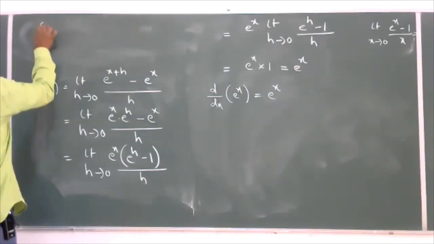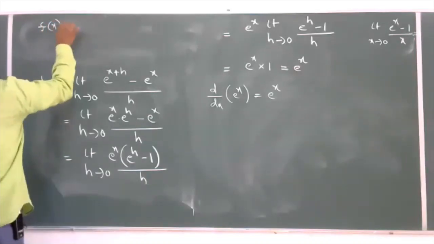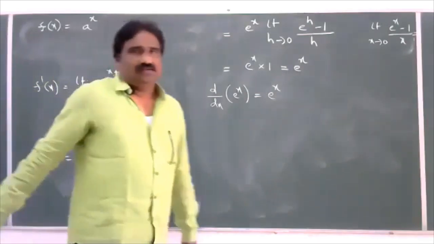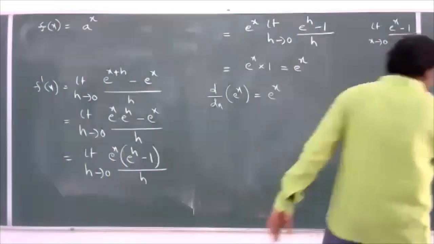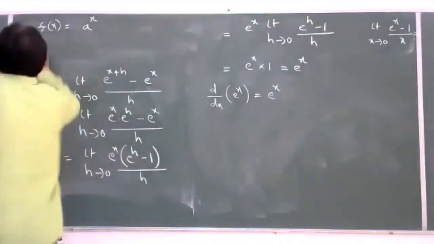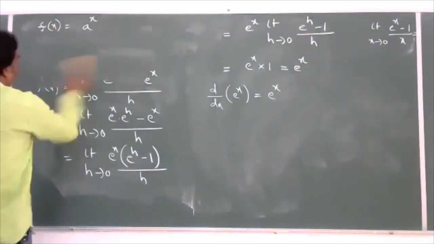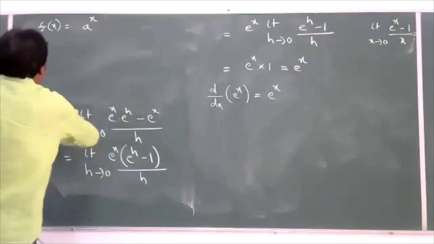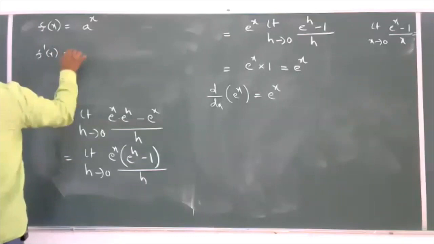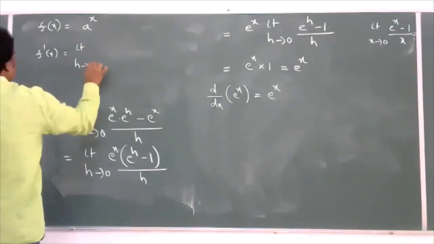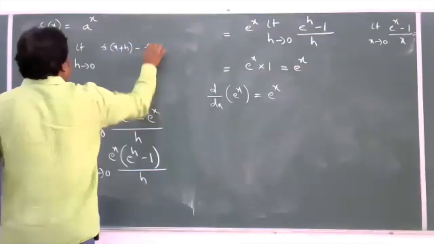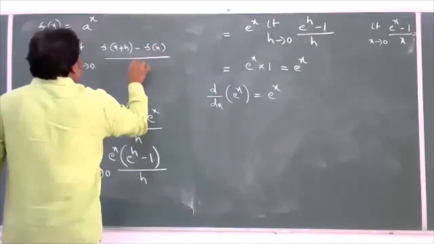We are going to discuss the derivative of f of x is equal to a power x. We want to prove the derivative of f of x is equal to a power x. So, by using the first principle formula, that is f dash x is equal to limit h tends to 0, f of x plus h minus f of x by h.